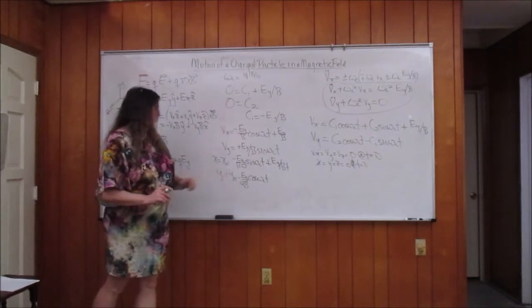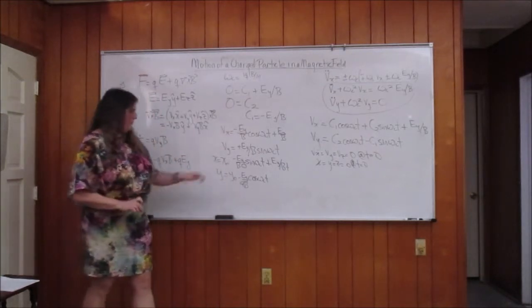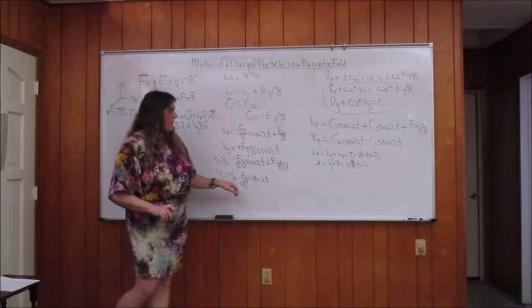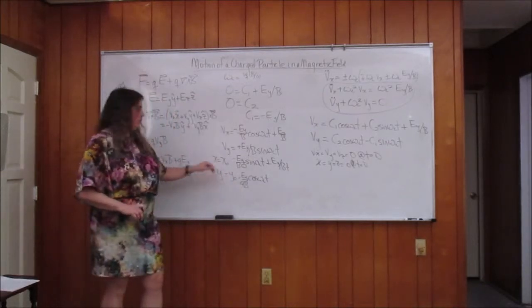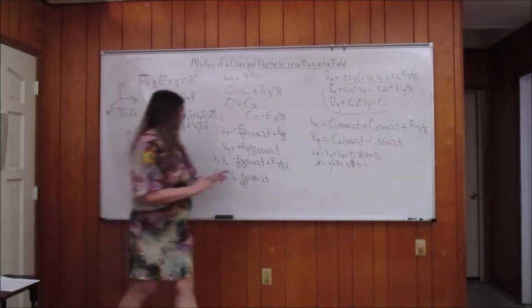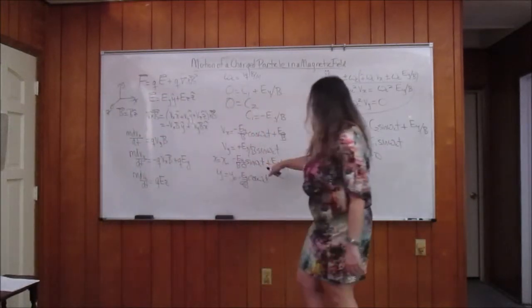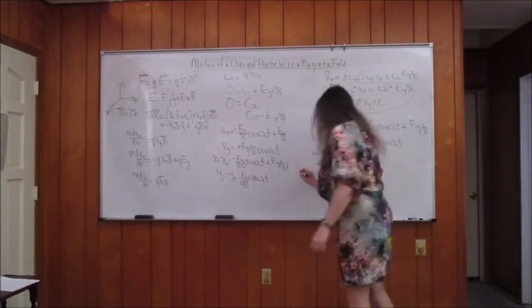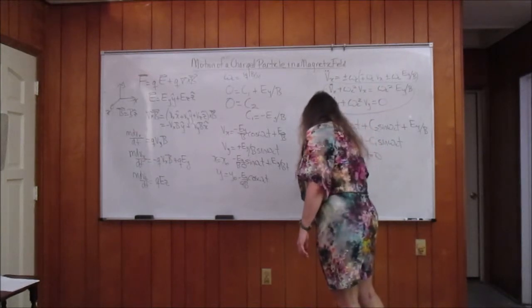Now we have initial conditions, and x naught and y naught have to be chosen such that x and y vanish. In the first case, at t equals 0, both of these terms vanish, so therefore x naught is equal to 0.